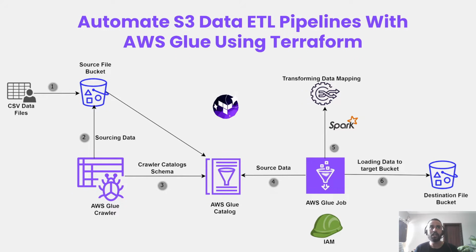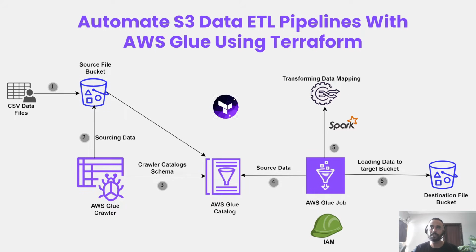For example, if we pull the CSV file and process it, suppose there are 100 columns in that CSV file and you need only 10 columns from your end. In the PySpark script, you will simply mention to remove all the other columns and keep just these. So there will be PySpark script code to process the data.